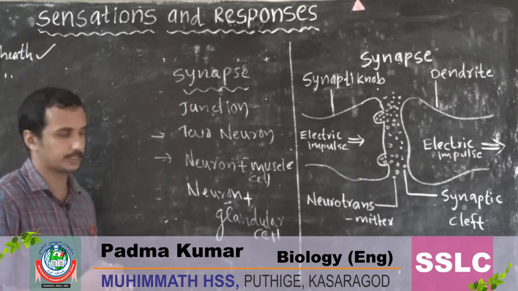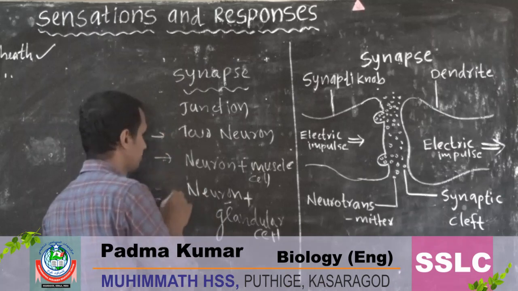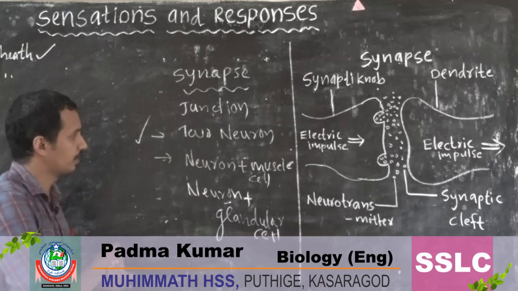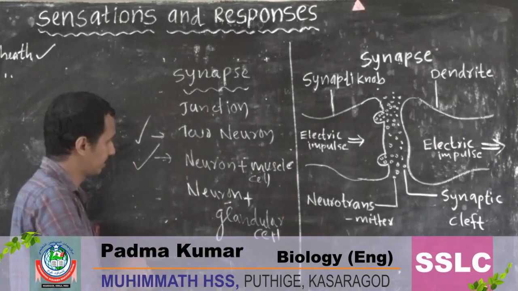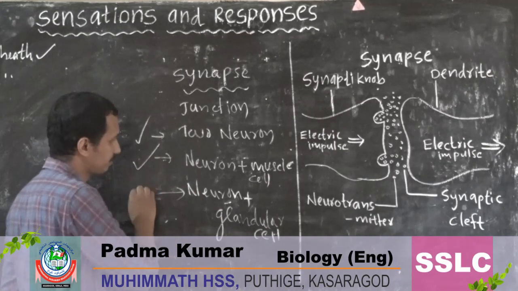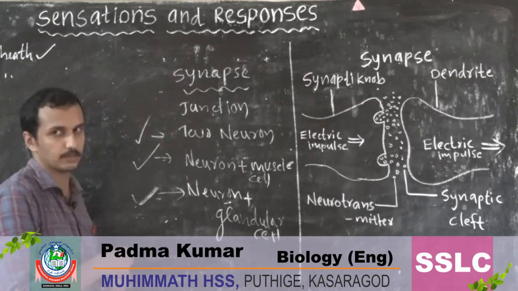So what is a synapse? It is a junction between two neurons, neuron plus muscle cell, or the junction between neuron plus glandular cell.